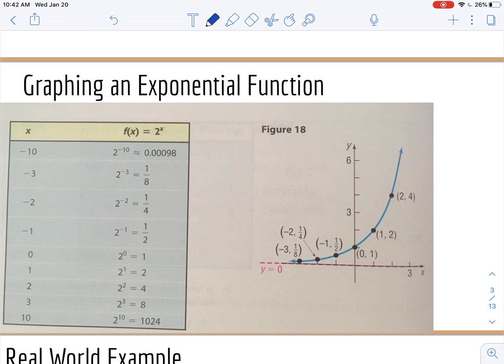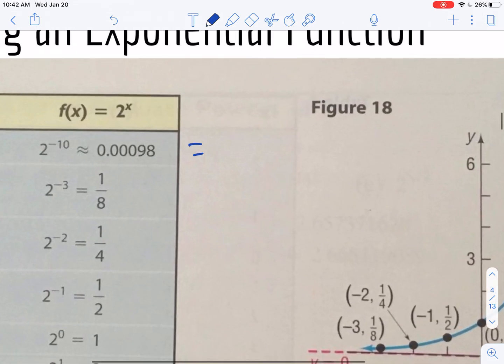So negative 10, if I plug negative 10 in as my x value and I made my table of values, 2 to the negative 10 power, we've already found that this is the same thing as 1 over 2 to the 10 power.